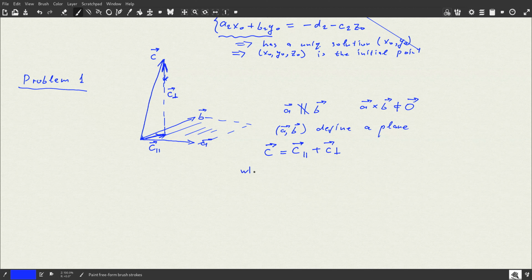where if C in plane is in the plane, then it is a linear combination of A and B. So it is alpha A plus beta B. So it belongs to the plane AB.